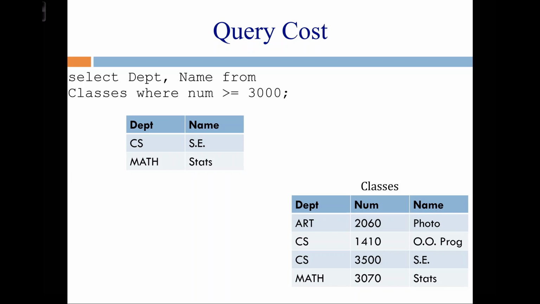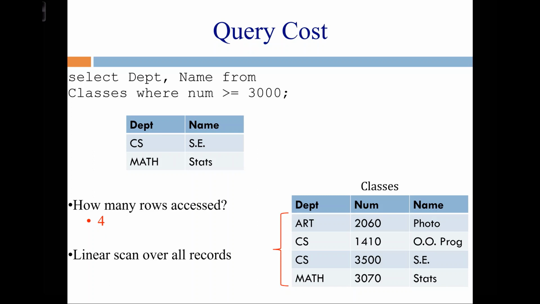So the best we could do is a linear scan of every row in that table and look at the class number. So how many rows are accessed in order to process this query? It would have to be all of them. We can't stop early because we don't know that there might be another row somewhere down the line since they're not ordered based on the class number.